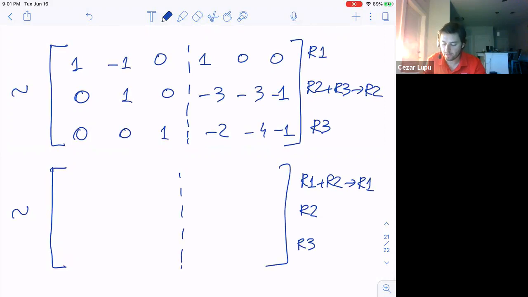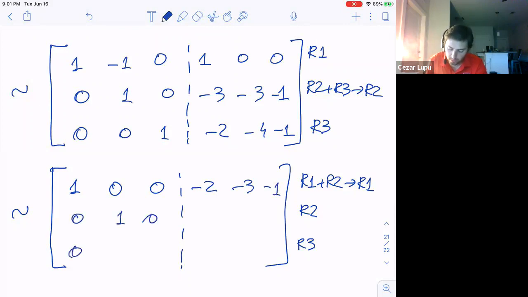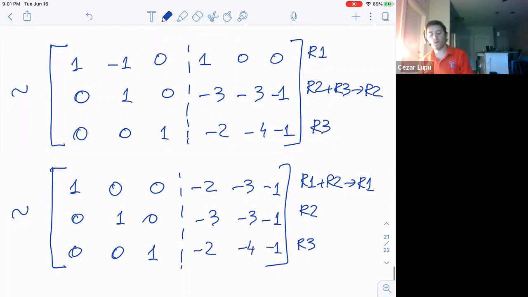R1 will be 1, 0, 0, then -2, -3, -1. Here I'll have 0, 1, 0, 0, 0, 1. Perfect. -3, -3, -1, -2, -4, -1.